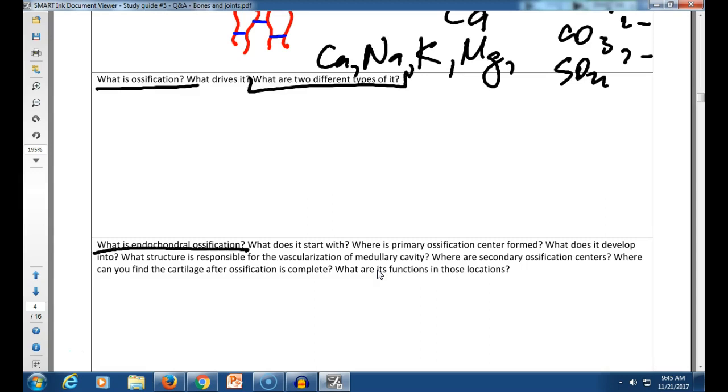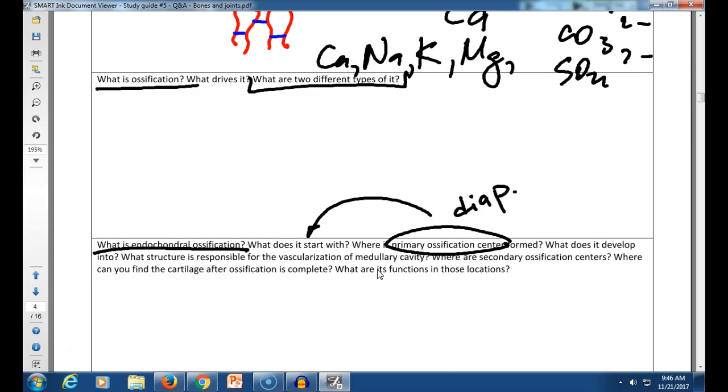For endochondral ossification, what you need to know is, what does it start with? Primary ossification center. It is formed in where? Diaphysis, right? It develops into the medullary cavity and the bone collar.